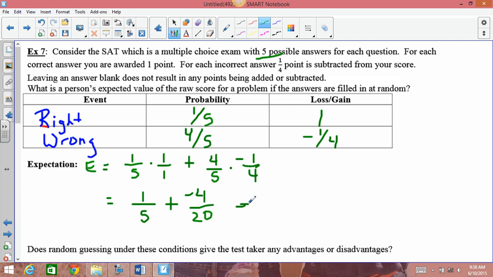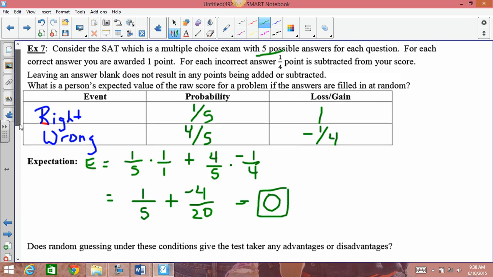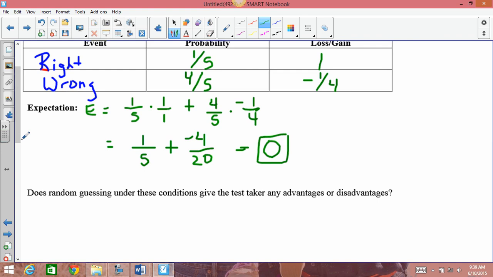You would see -1/5, and when you add that, you would get 0. So what that means is that your expected value here is 0. Guessing is really not harming you. You're not gaining any points. You're not losing any points. So it doesn't give you any specific advantage in the long run.